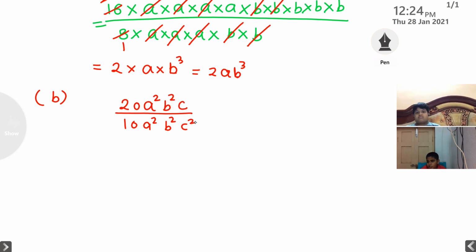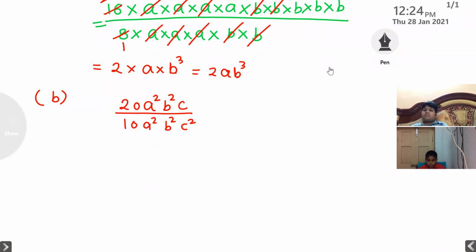Both methods are there. If you want to cancel directly, you can cancel directly. If you want to expand, you can expand also. But I told you very clearly, if variable degree is high, it means 30, 40, 50 is there, we cannot expand, then we have to follow this method only.